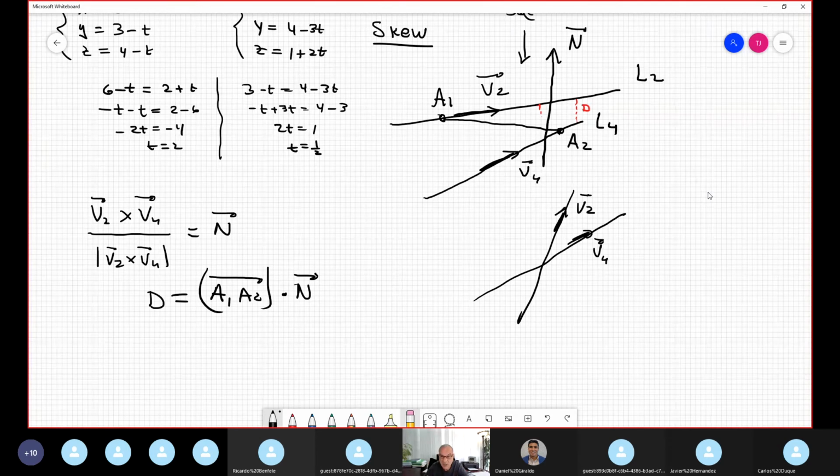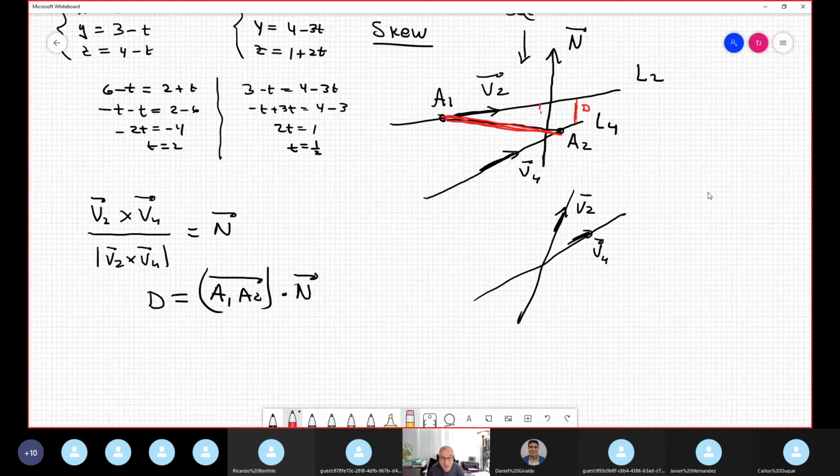When you're projecting this vector, which is the vector between two points, onto the direction of M, you get this distance. It's very hard to see, but using your imagination. This is the mathematics. The mathematics opens the door to more imagination.